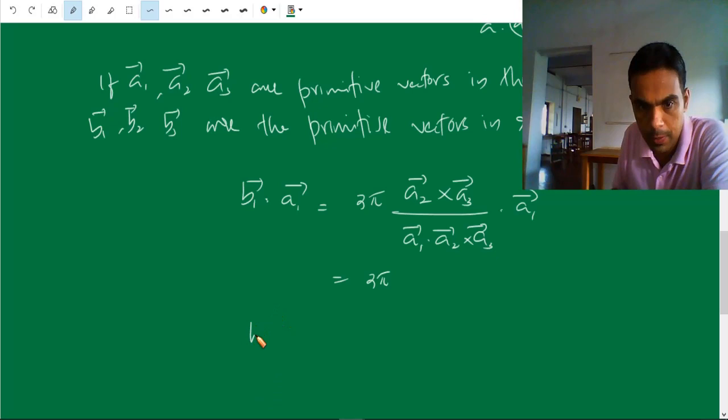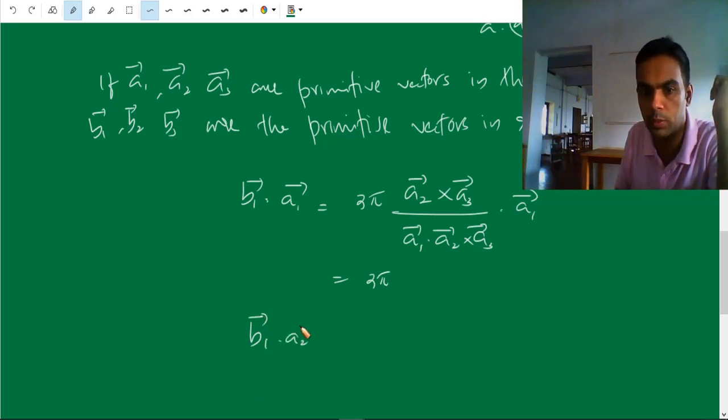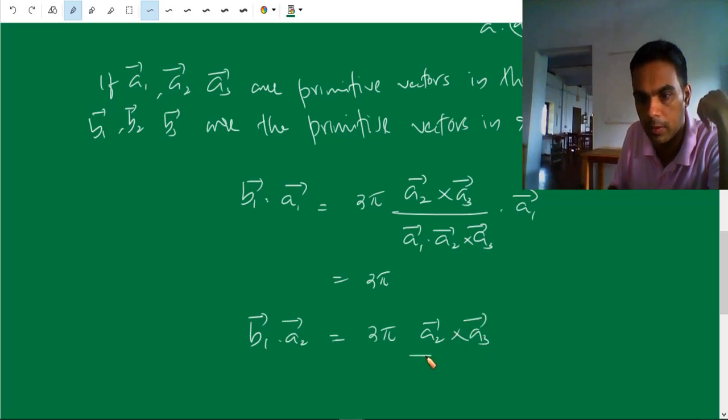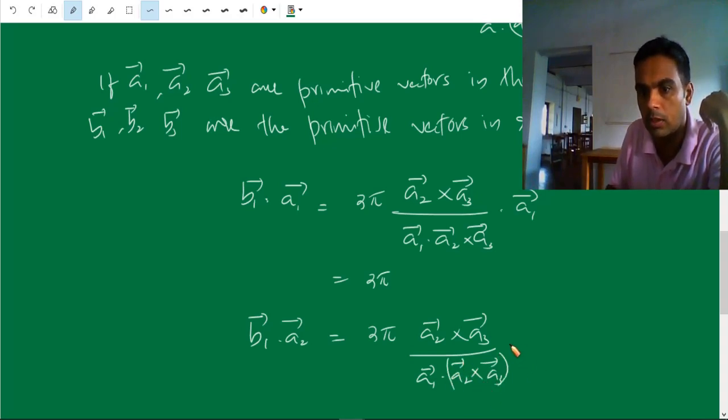Similarly, B1 dot A2 is equal to 2 pi A2 cross A3 divided by A1 dot A2 cross A3, dot A2.